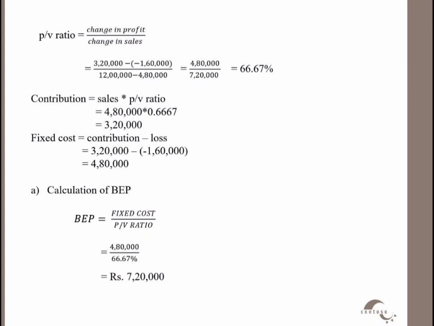From these working notes we have got the fixed cost and PV ratio. So the first question is the calculation of break-even point in rupees. The break-even point is equal to fixed cost divided by PV ratio. Fixed cost 4,18,000 divided by 66.67% is equal to 7,20,000, our break-even point.